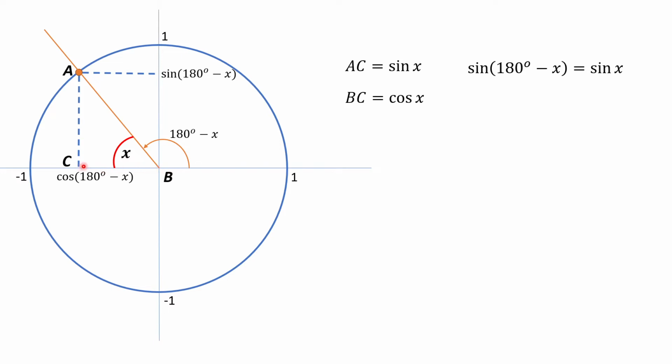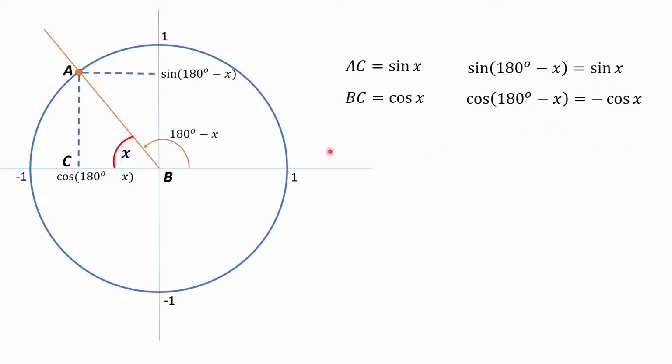But if you think about it a little bit, you find that although point C and point A lie exactly distance BC from the vertical axis, it's lying in the negative direction. So while cosine x is positive, cosine of 180 minus x is negative. So the correct relationship is cosine 180 minus x equals minus cosine x.